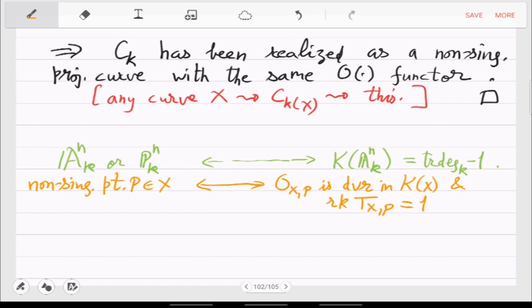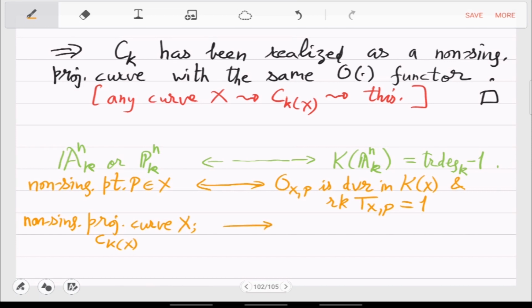And non-singular projective curves and equivalently abstract curves based on a function field.